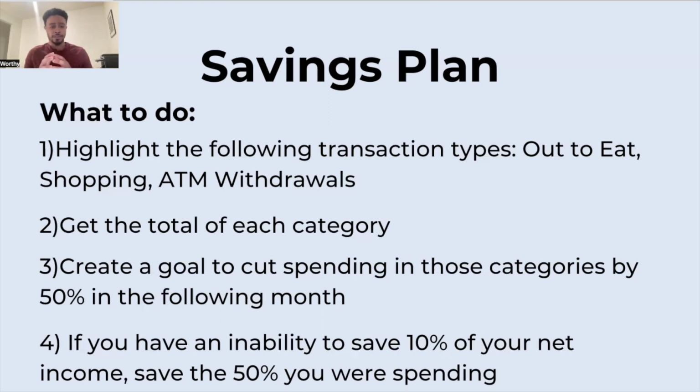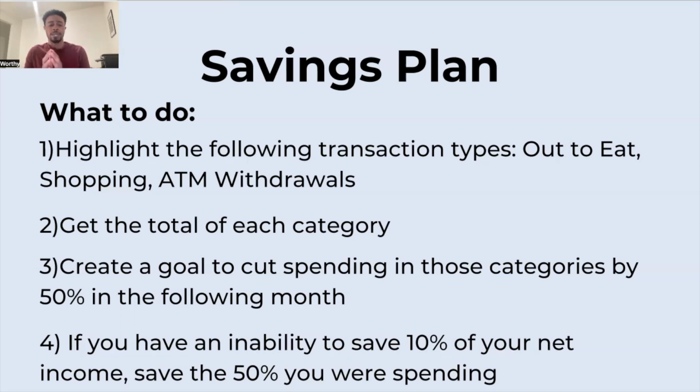And to specify, let me backtrack to the out to eat. That is exactly what it is. It's when you're not buying groceries, when you're not going to a grocery store, that is out to eat. I would also even say out to eat is going to the gas station as well, or a convenience store or corner store as well.